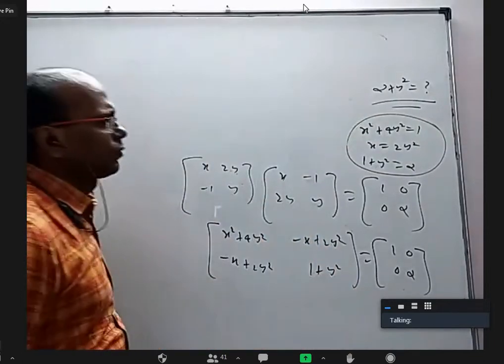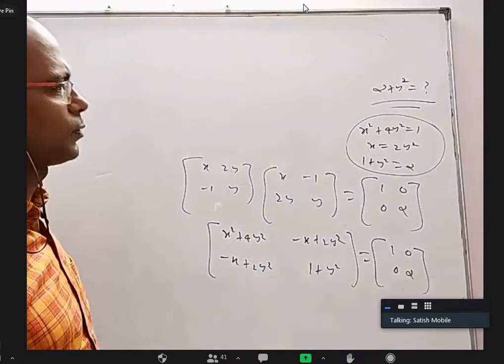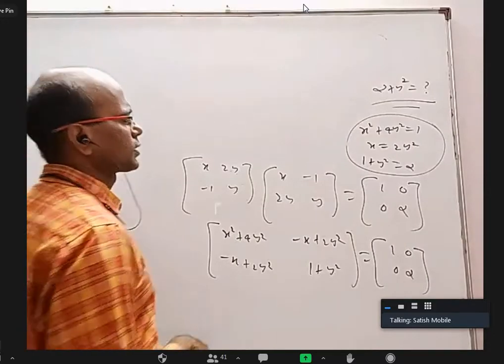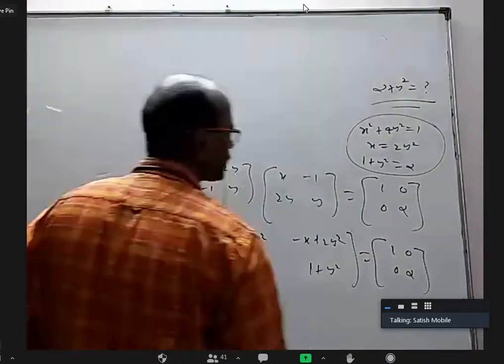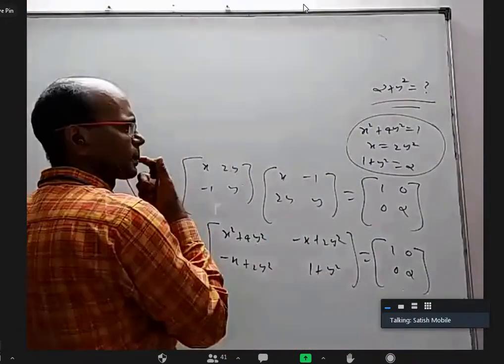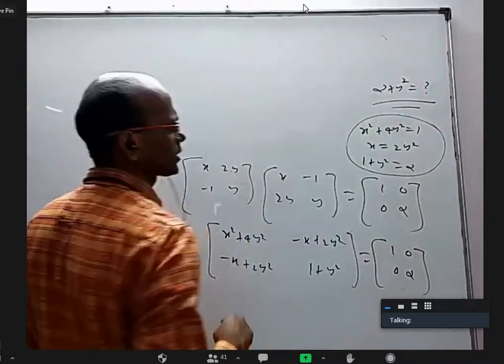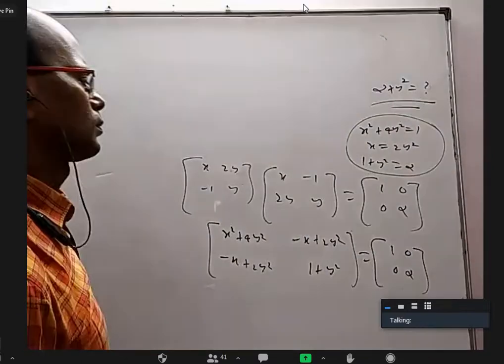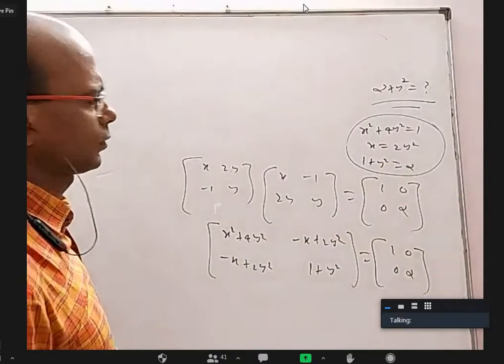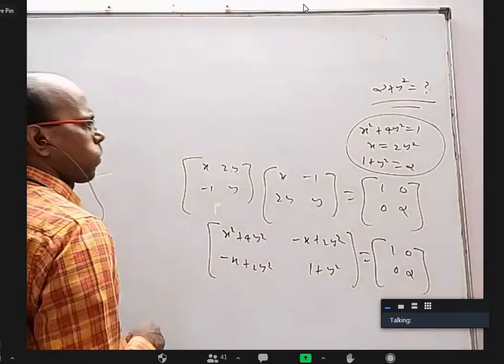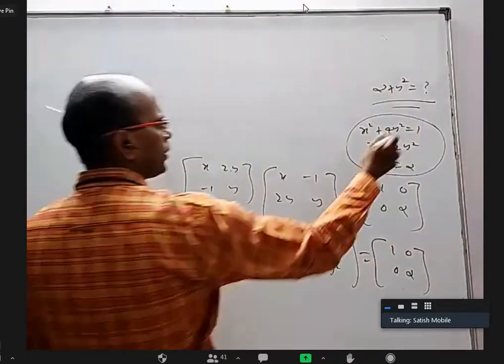Even without finding alpha and y square, we may be able to do it, or we may not be able to. Let us see that, but let us do it normally. If I substitute this as x by 2, I can get alpha as 1 plus x by 2 also. Anyway, we'll put x here.